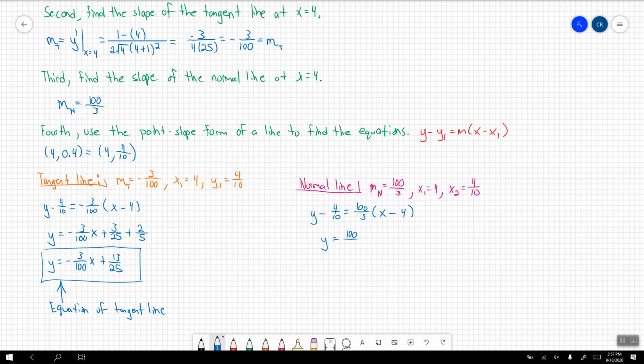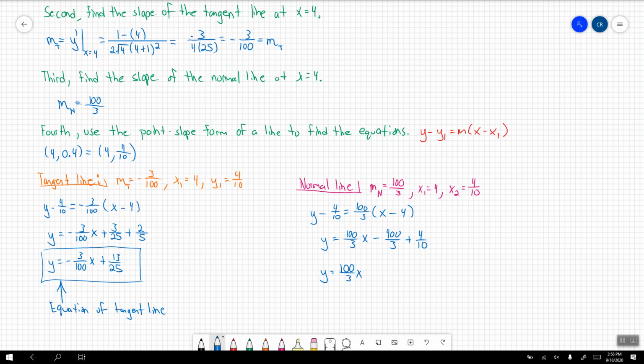We get 100 divided by 3x minus 400 divided by 3 plus 4/10. And remember, you are allowed a scientific calculator. If you want to use a scientific calculator, you can say, okay, what's going to be 4/10 minus 400 divided by 3?